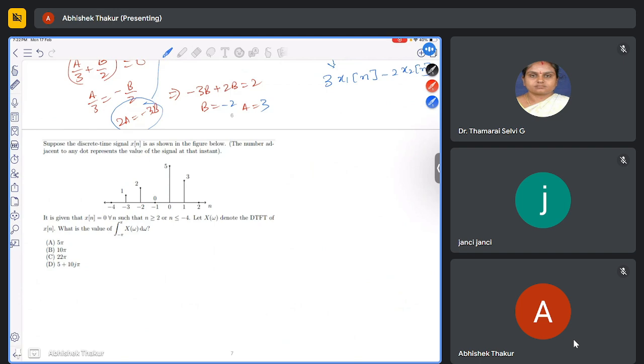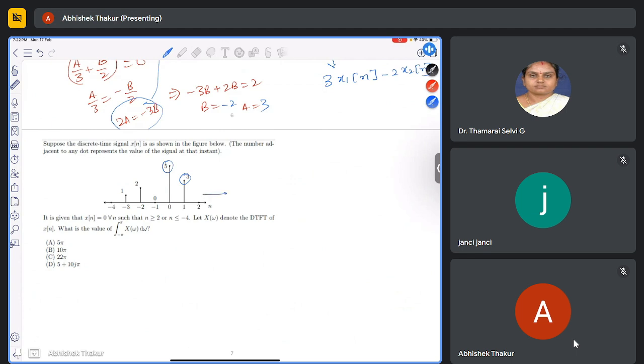Suppose the discrete time signal x[n] is shown in the figure below. The number adjacent to any dot represents the value of the signal at that instant. It is given that x[n] is equal to 0 for all n such that n is greater than or equal to 2 or less than or equal to minus 4.